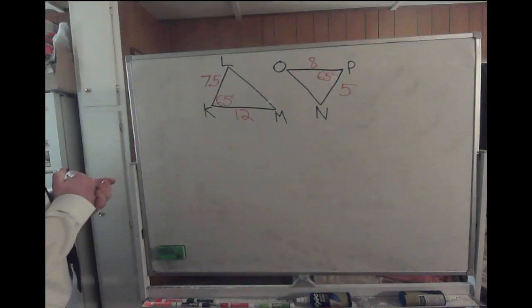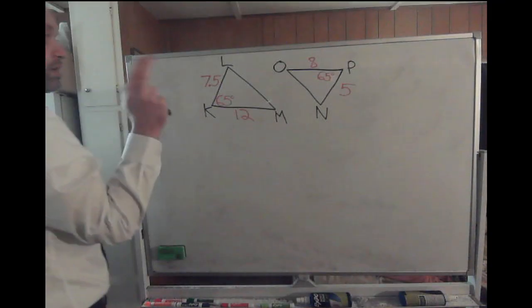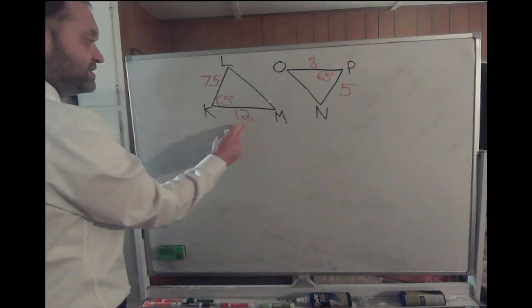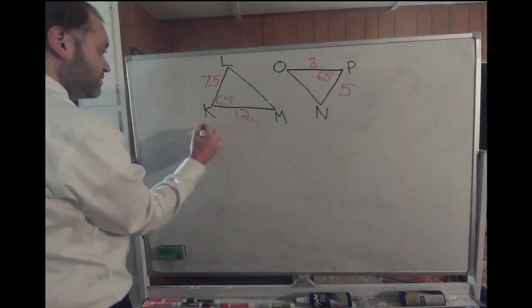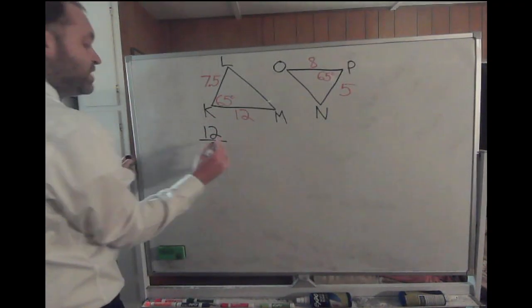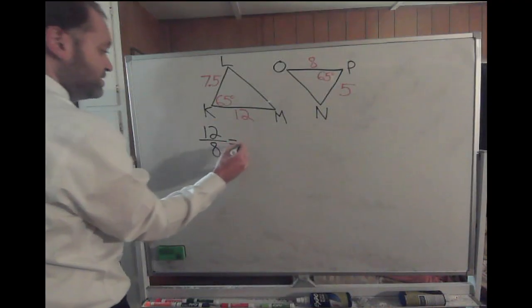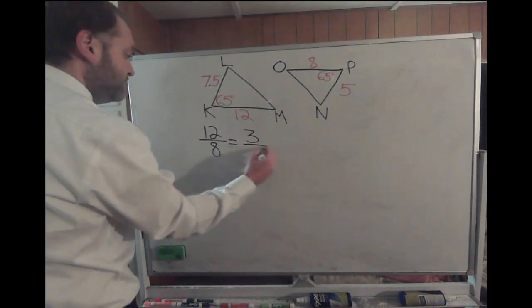Let's find the ratio of one to the other. So again, these two triangles are flipped. According to the corresponding sides of these, it looks like KM would correspond to OP. So in other words, 12 would correspond to 8, right? To get your ratio, to get your scale factor, the scale factor would be 3 to 2.